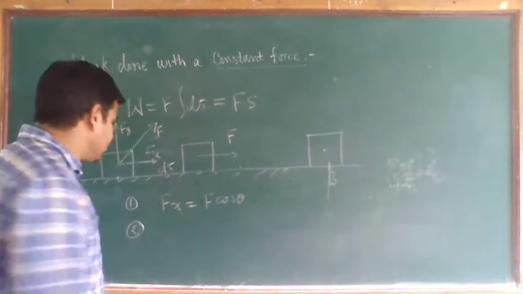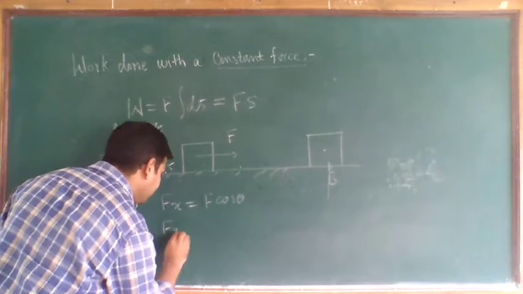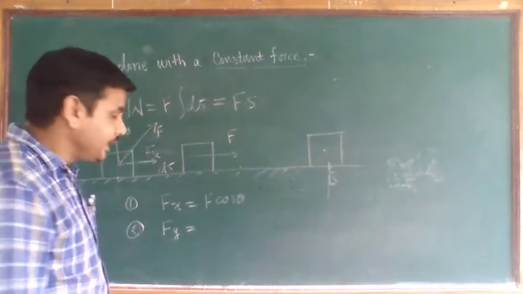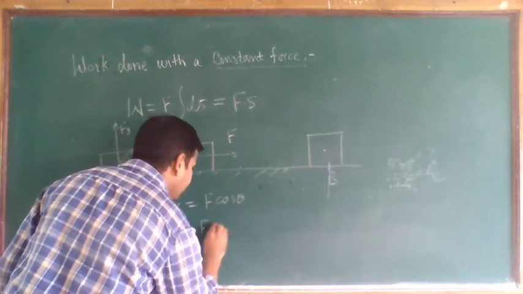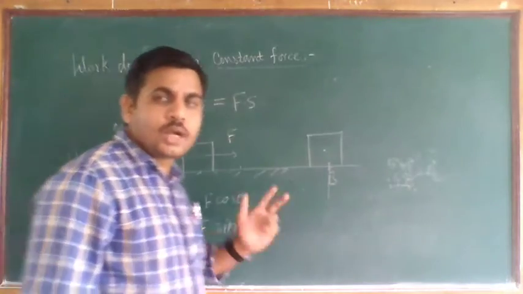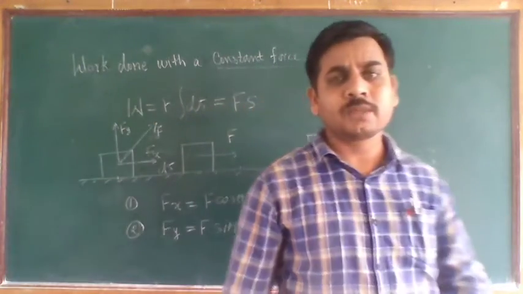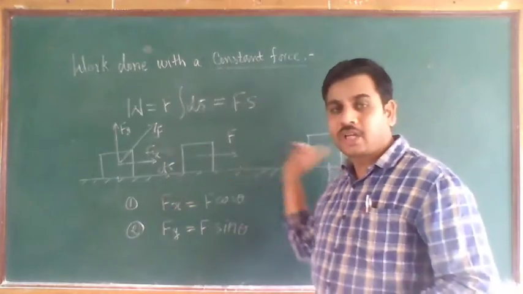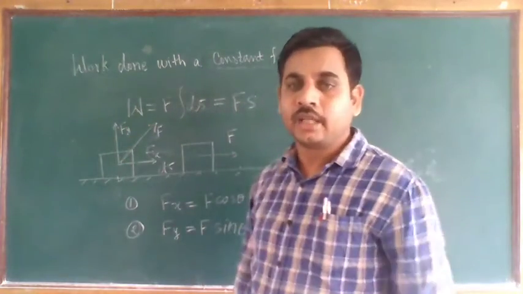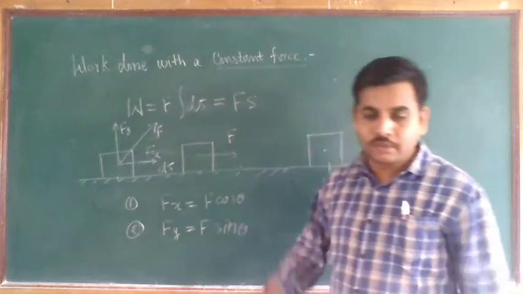In that condition, f of y is nothing but f sin theta. So these are the two rectangular components: f of x along the x direction, and f of y along the y direction.